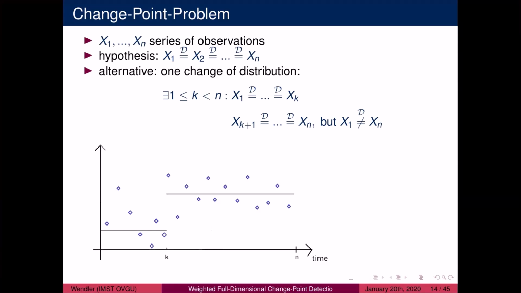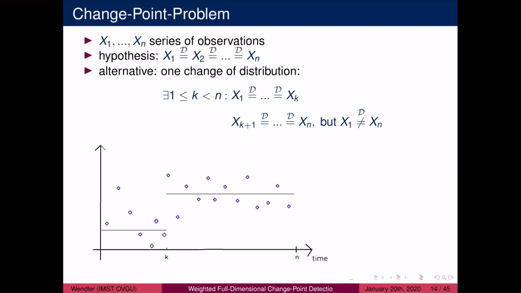We model them, of course, as a sequence of random variables, and we have a null hypothesis that all have the same distribution. And we have the alternative hypothesis that we have at most one change of the distribution, meaning the first k random variables have the same distribution, then the distribution changes, and the following n minus k random variables have a different distribution.